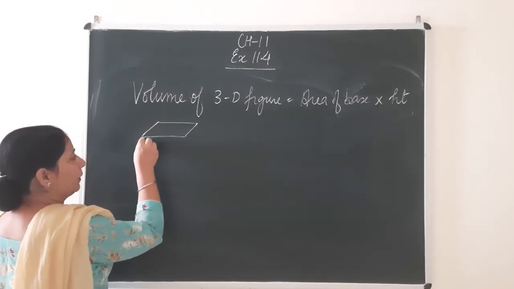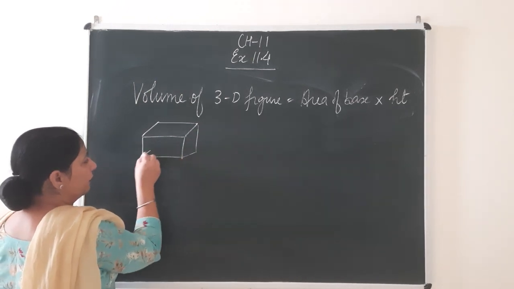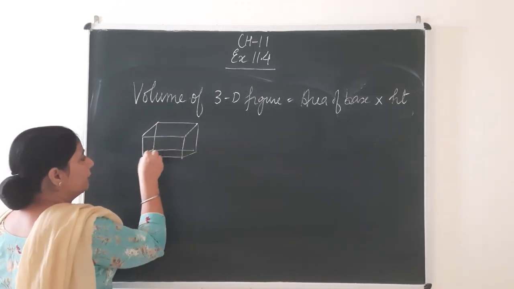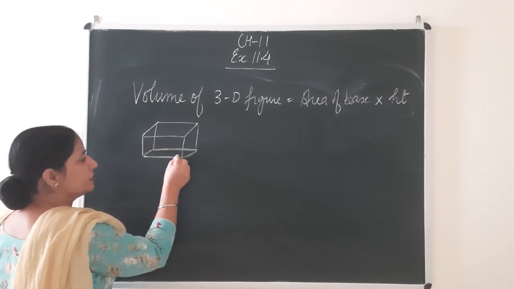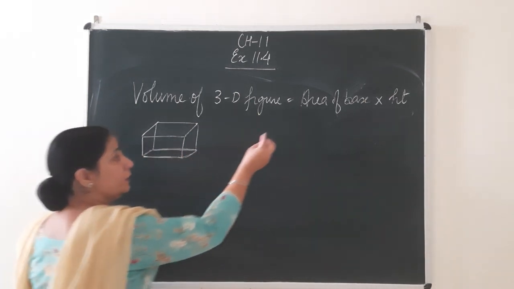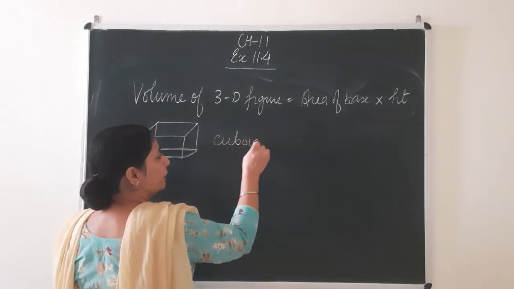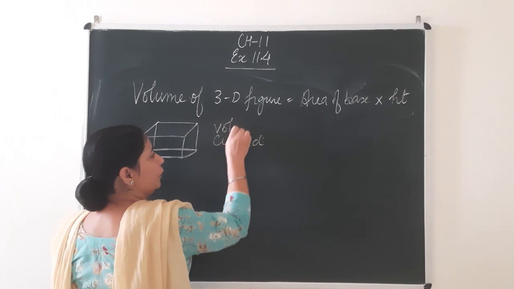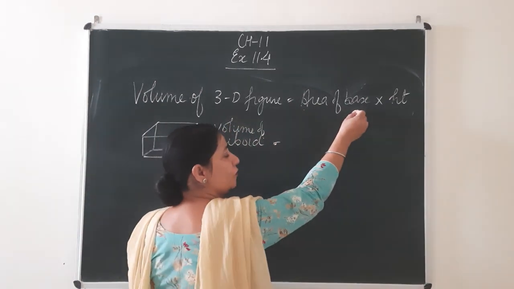Now first of all, let us take a cuboid. Now you know that in a cuboid, the base of the cuboid, as I am making clear, is a rectangle. And when you talk about a cuboid, the volume of a cuboid will be equal to, as I said, area of base.